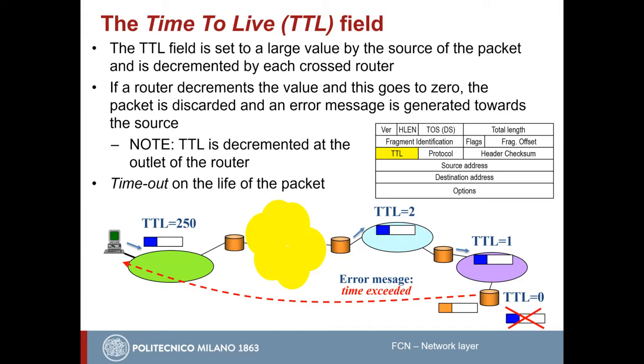But of course, when the host sets this value, it should guess more or less what is the maximum length of the path. And to do this, we will see in a minute that there are some protocols that can tell the source how far the destination is in terms of number of hops.